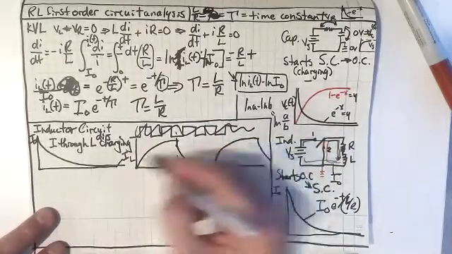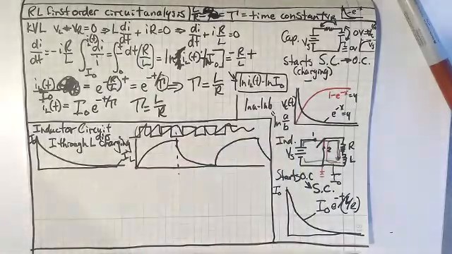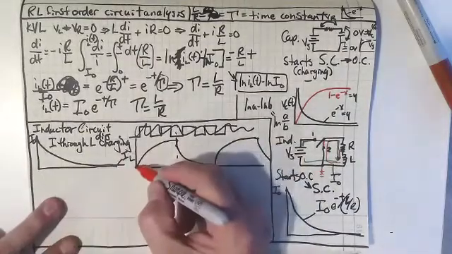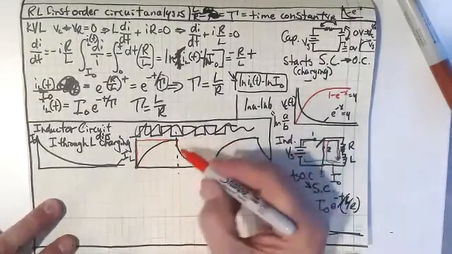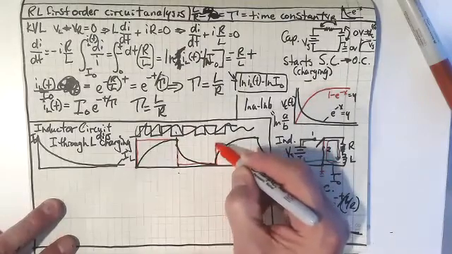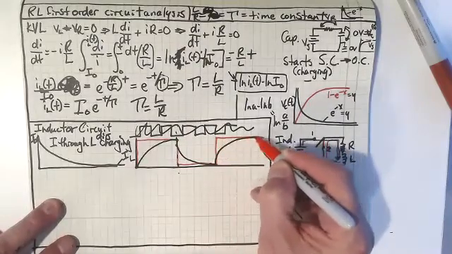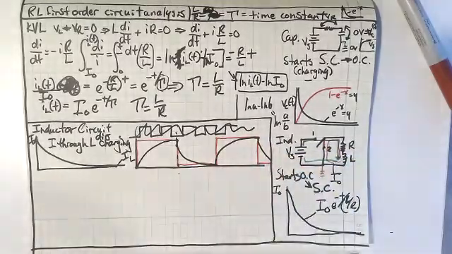But this is going to be the charging phase, the phase where the V of S is like this, right? Then it would be the discharging phase where I'd be down here at 0. Then I would go back up to the charging phase. Then I would go to the discharging phase.